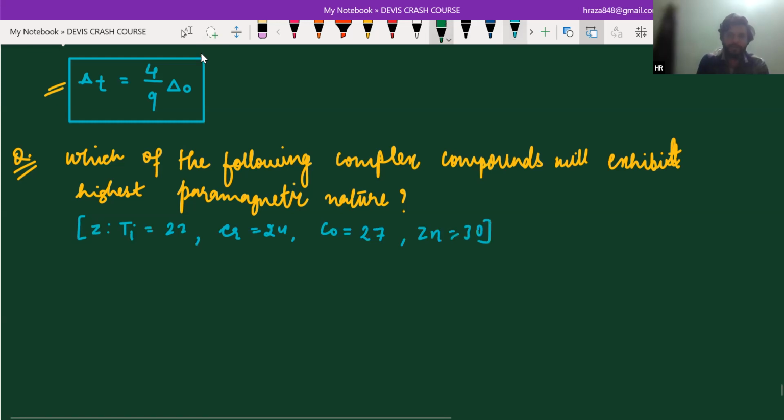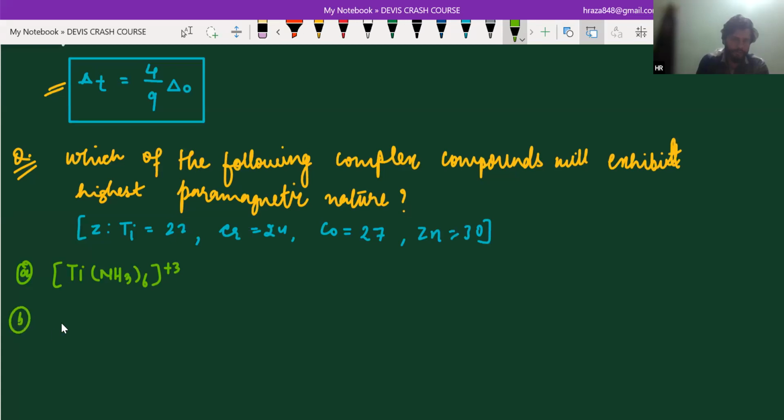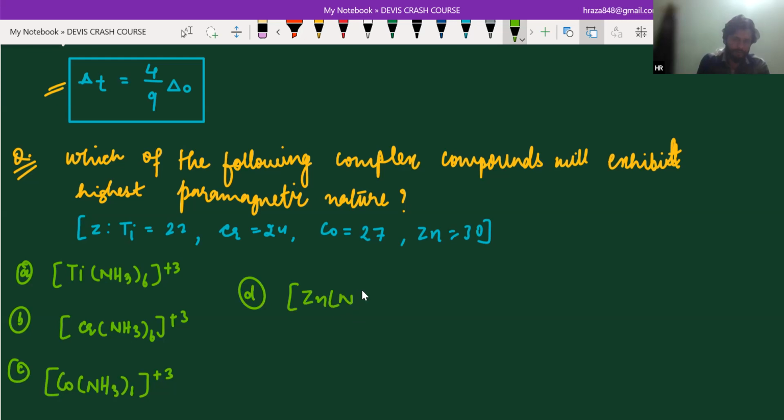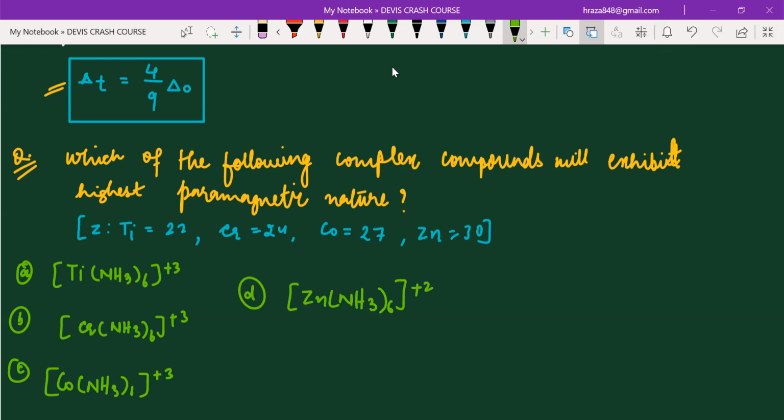And the options are: A, Ti(NH3)6 3+. B, Cr(NH3)6 3+. C, Co(NH3)6 3+. And D is Zn(NH3)6 2+. Please do.